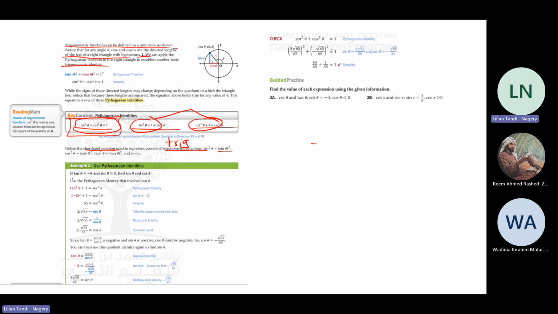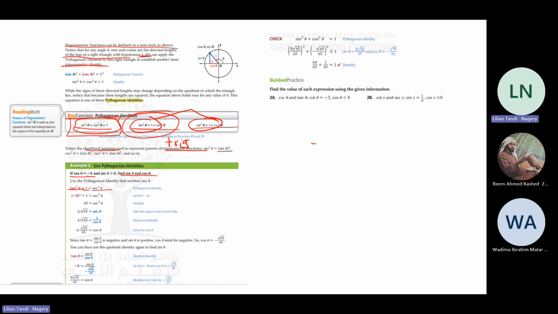All right. So now I have tan and I need to find these. I will use which rule? This rule, because I have tan. Do we understand? So tan theta squared plus 1 should equal sec theta squared.